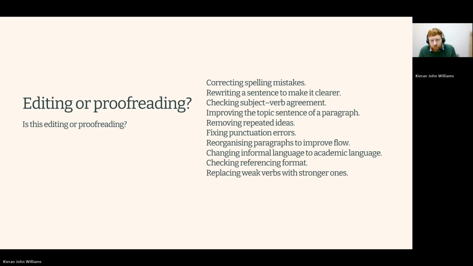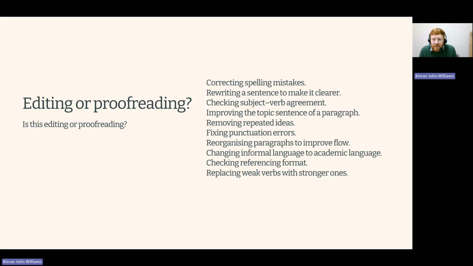So now we're going to test your understanding. So I'd like you to have a look at these different factors here, and I want you to decide whether these tasks are editing or proofreading. Now, do not rush, and maybe think about your reasoning when you select your answers. So the aim is not only to choose editing or proofreading, but also to understand why. Because the distinction is important because many students really only focus on proofreading, checking those small errors.